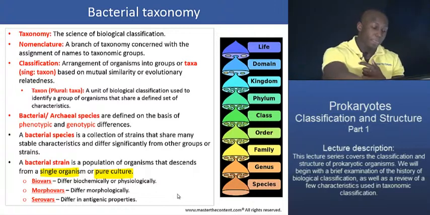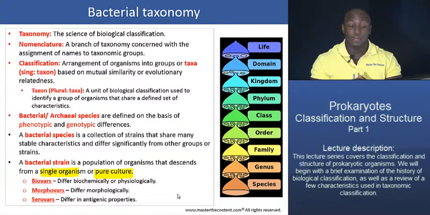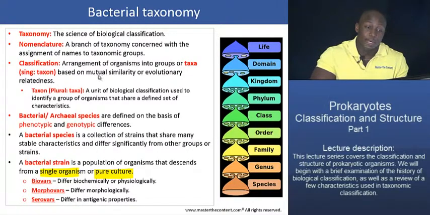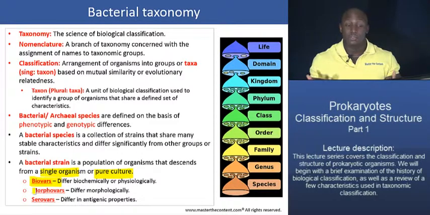There are a few important terms in relation to bacterial strains that I want you to take note of. A biovar is a bacterial strain, or strains, that differ biochemically and physiologically. You can have two biovars with different biochemical and physiological characteristics, which would lead you to classify them as different strains.